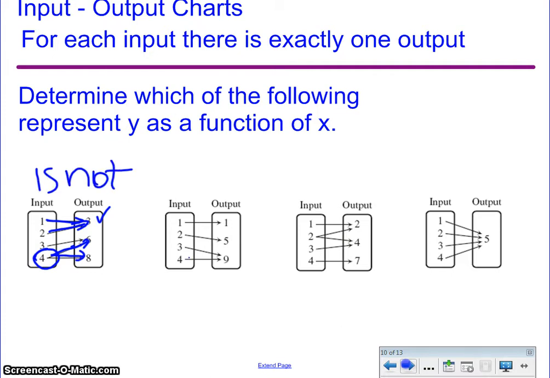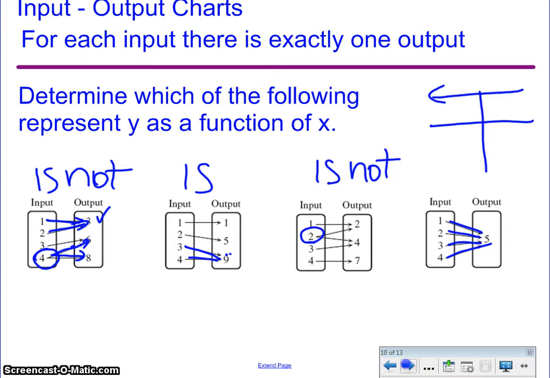Here, see how it's only leaving once? It's going over here twice, but it's okay to repeat the output, so this is a function. Right here, it's leaving 2 and going to both 2 and 4, so it is not. And here, all of them are leaving and going to 5. That's going to look like that. And so it is a function.